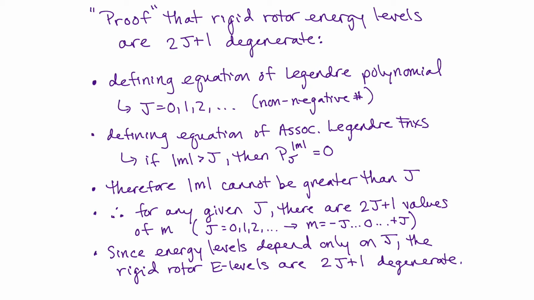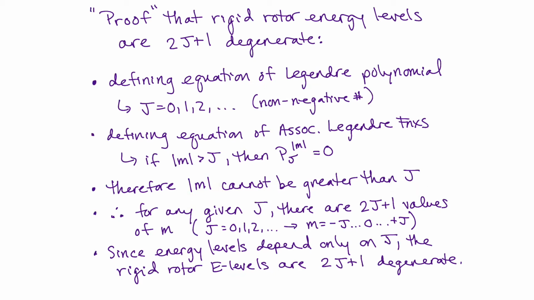Then the defining equation of our associated Legendre functions tells us that if the absolute value of m is greater than j, these functions are going to equal 0. That is not a very interesting situation for us, so we have the limit that the absolute value of m cannot be greater than our j value.